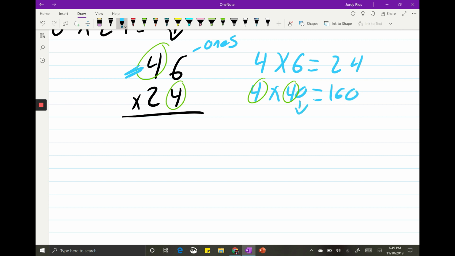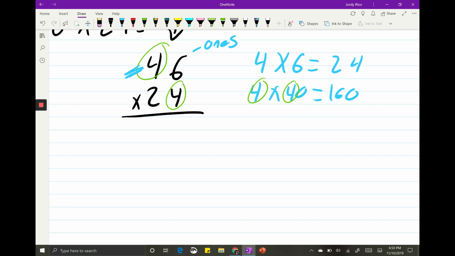So my answer is going to be 160. Power of 10. Check. Remember, even though I don't have a 10, 40 is made up of several tens. 1, 2, 3, 4. So that's what I mean. Power of 10.